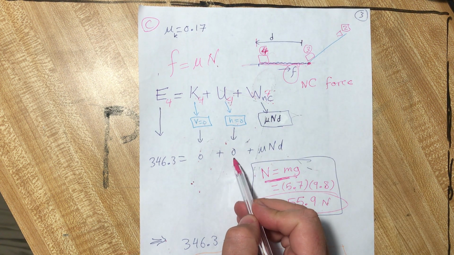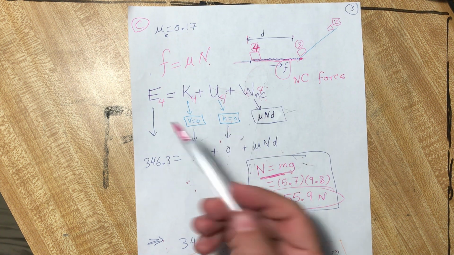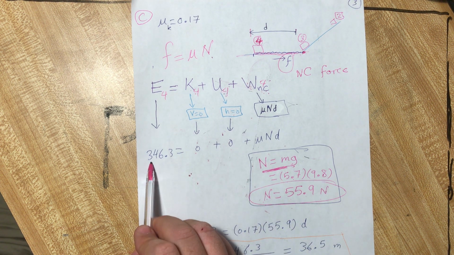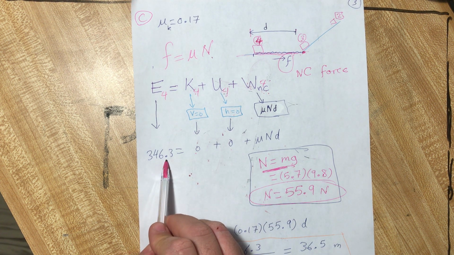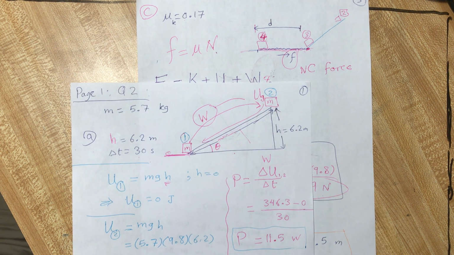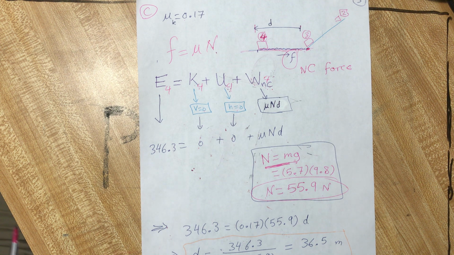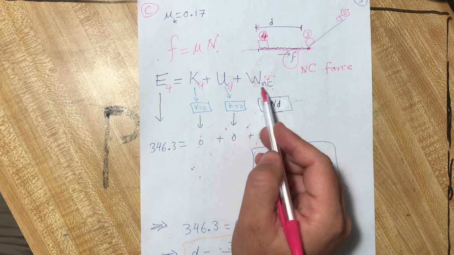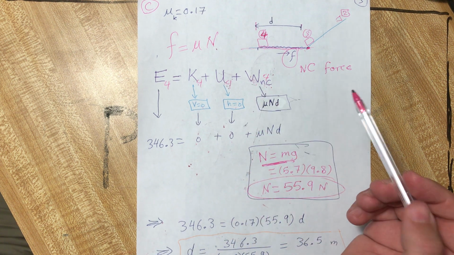But now, where did the energy go? Where is it lost? The 346.3 joules, the potential energy from the first question, goes and is lost as work for the friction force.